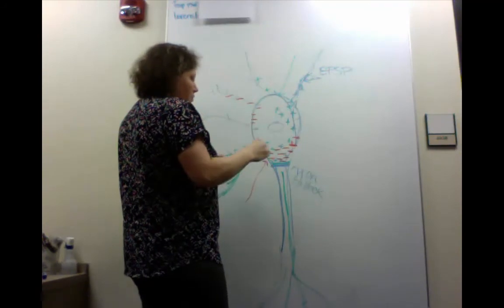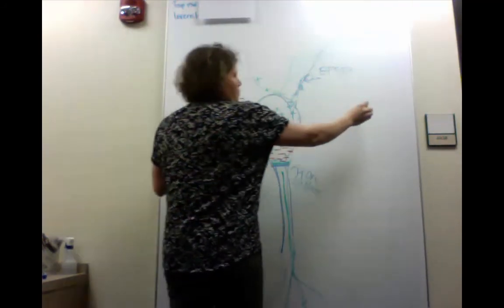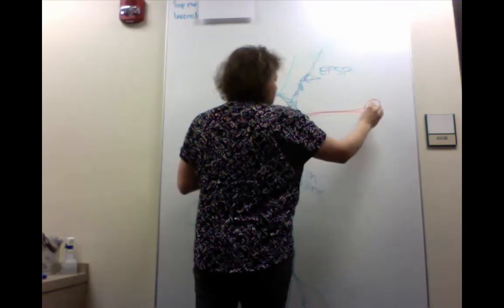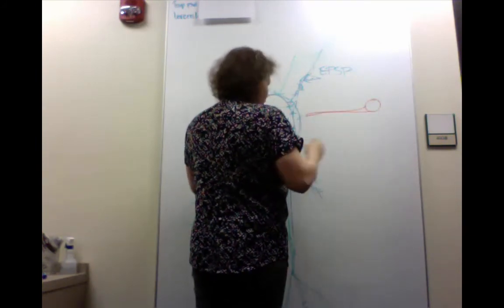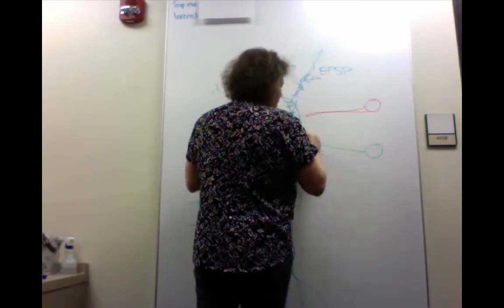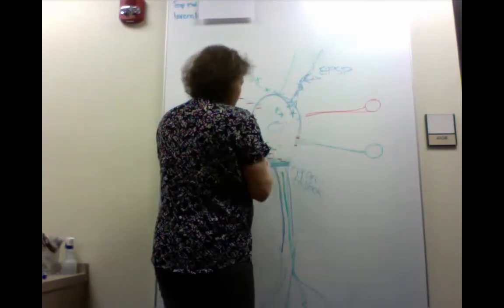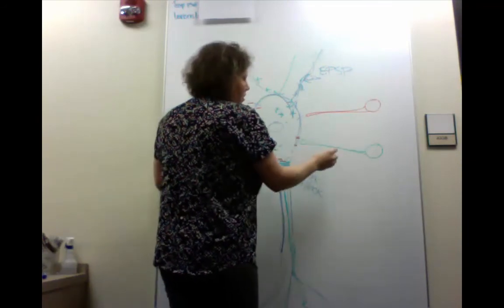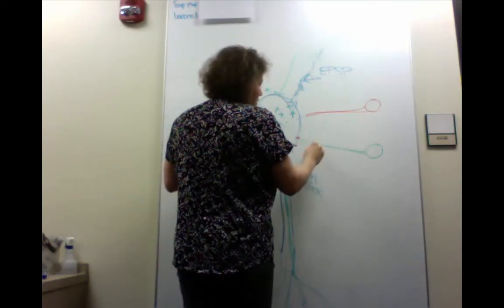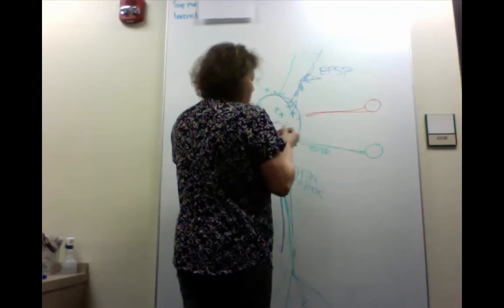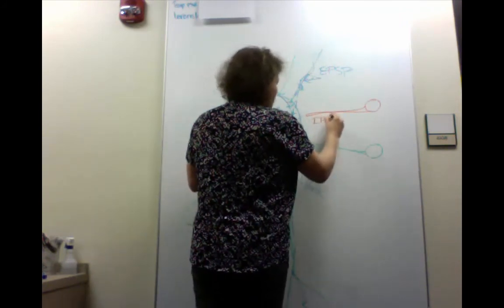So if I have one neuron coming in here, and another neuron coming in here, say this one has an EPSP, and this one has an IPSP.